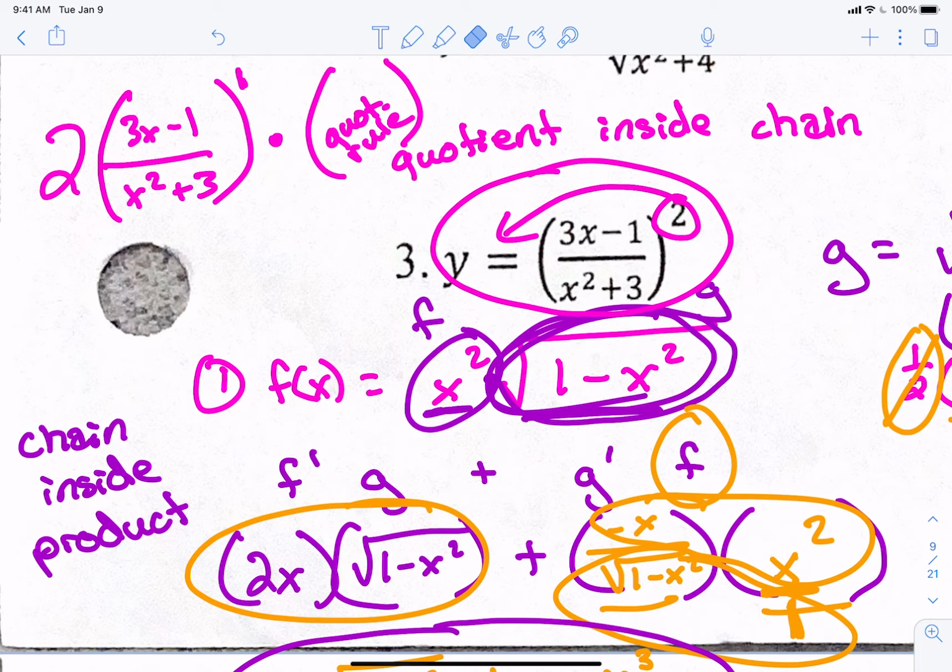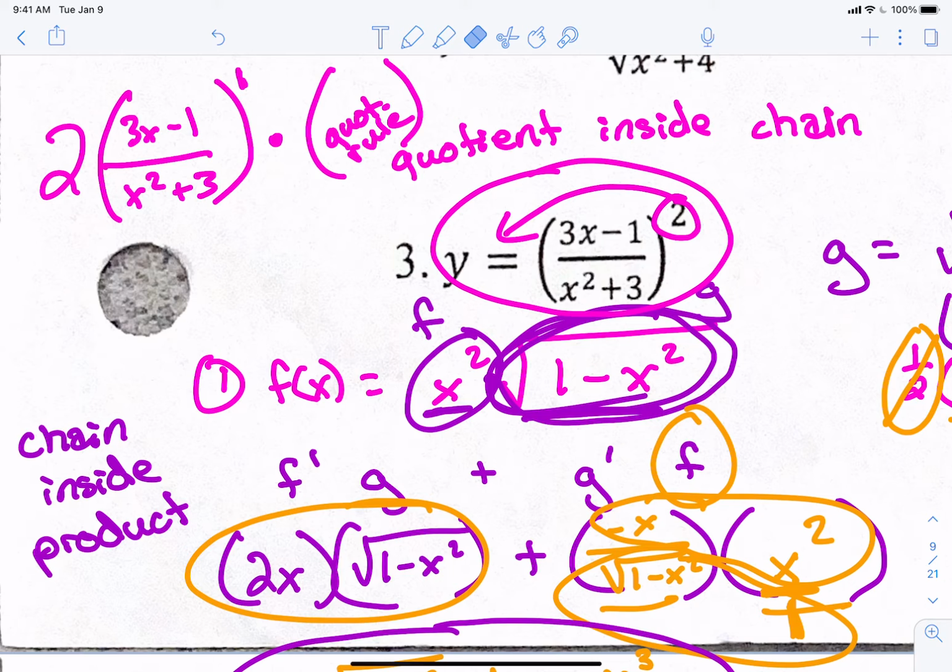If you want to look at your book and get some example problems from the ones in your book, you can do that. Just write me an example. You should not have the same answer as somebody sitting next to you. You don't have to solve it, but you just have to show me what a chain inside of a product would look like. Number 10, show me what a chain inside of a quotient looks like.